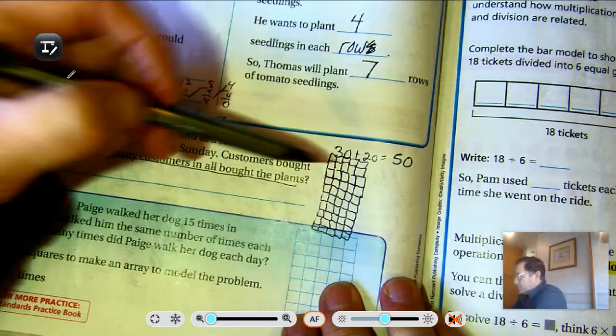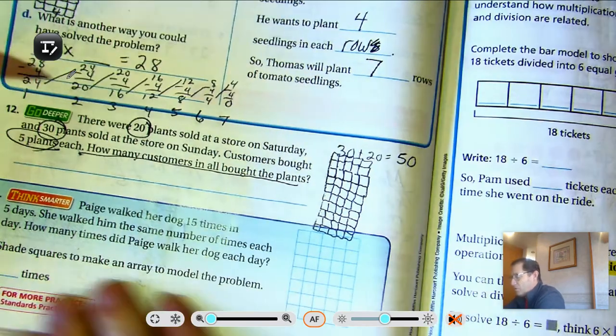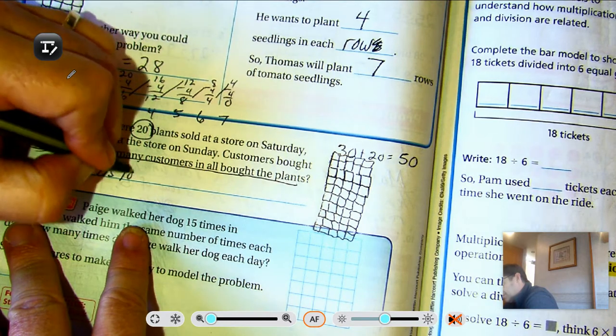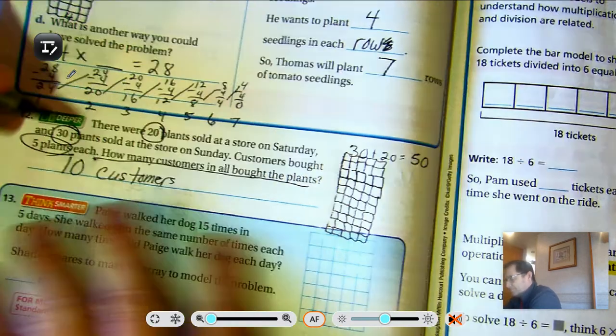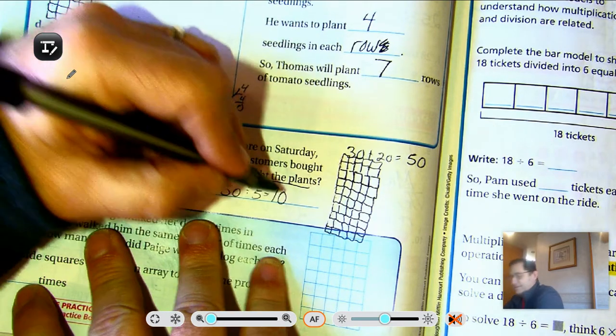All right. So we have 1, 2, 3, 4, 5, 6, 7, 8, 9, 10 rows of 5. So there were 10 customers. 50 divided by 5 equals 10.